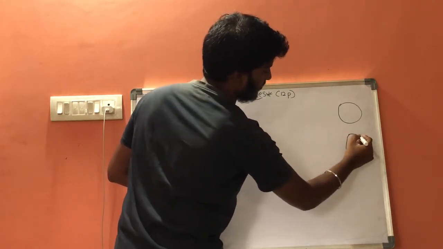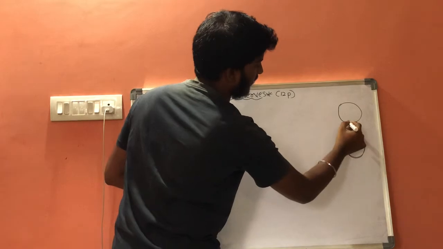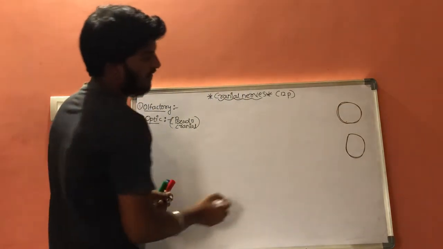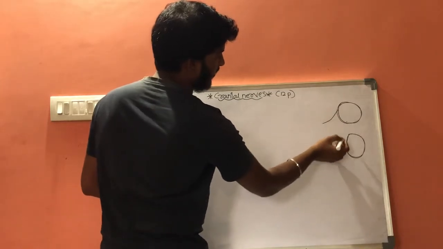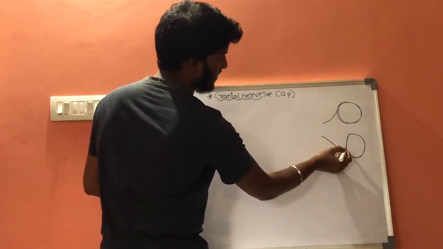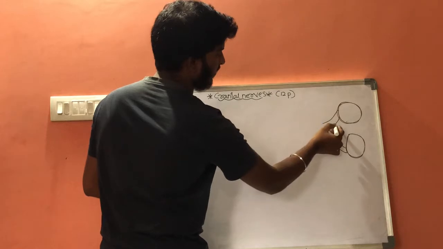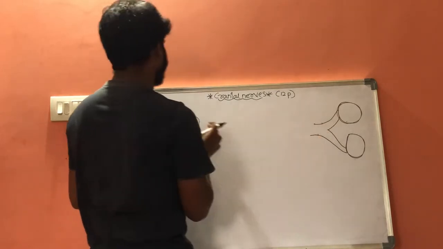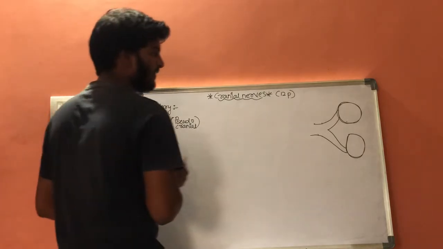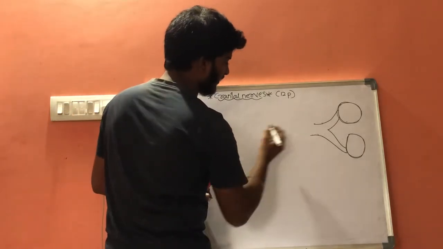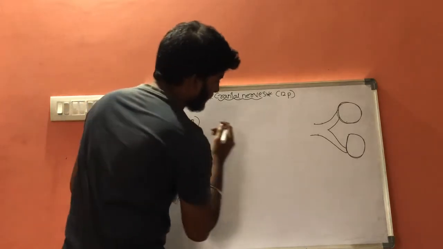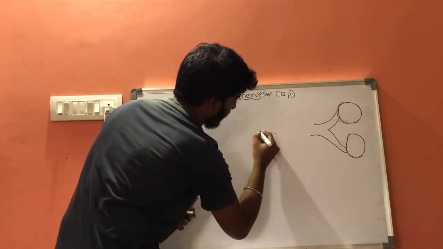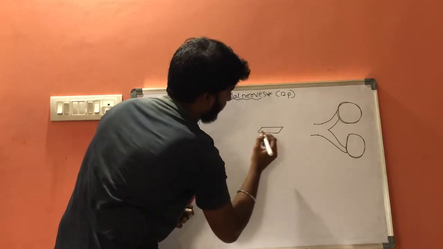These two are the eyeballs. Now from the posterior sides of the eyeballs, there is liberation of this optic nerve, and here there is midbrain. This is midbrain.